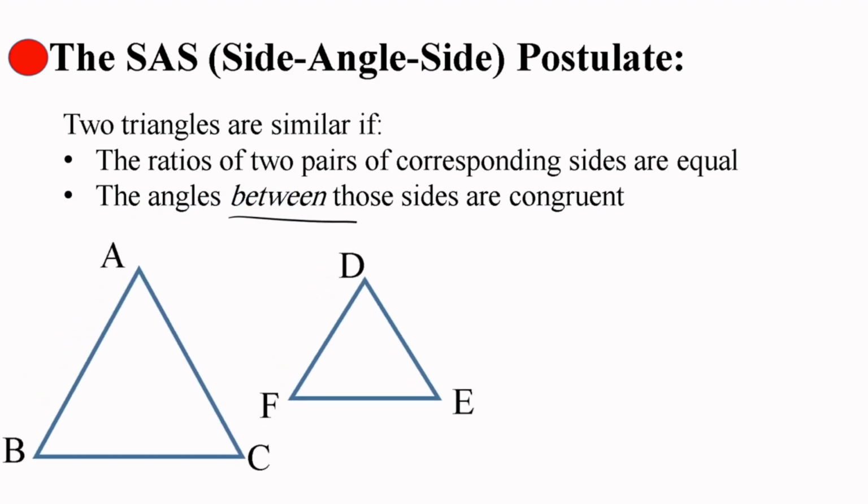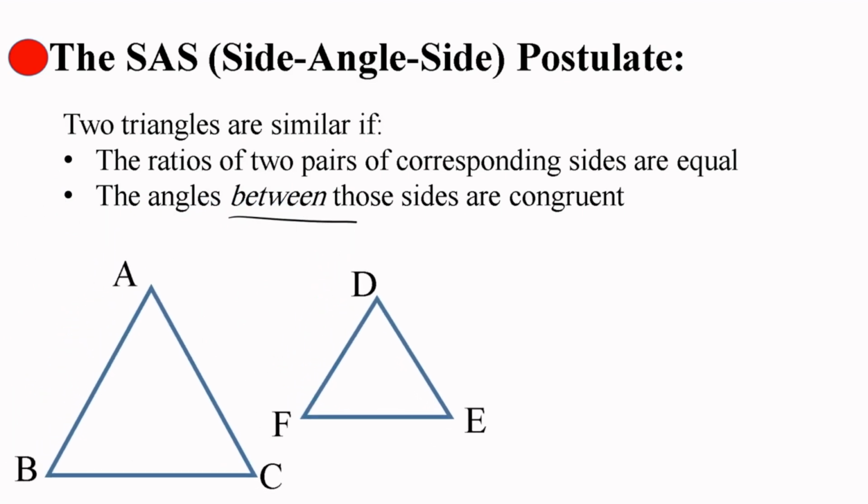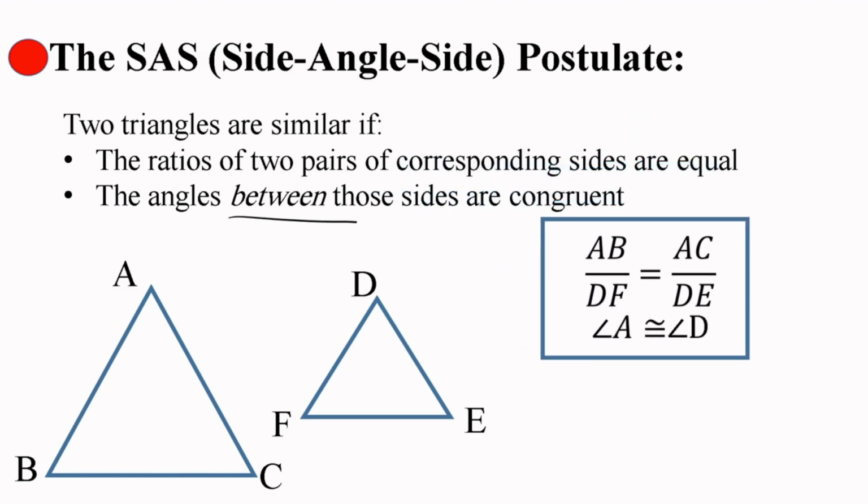Assume that we have two triangles, again ABC and DEF. We want to prove that these two triangles are similar based on SAS postulate. If I know that the ratio of AB, and what is the corresponding side of AB in the second triangle? DF.